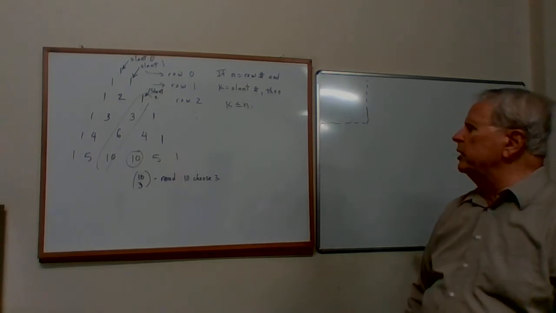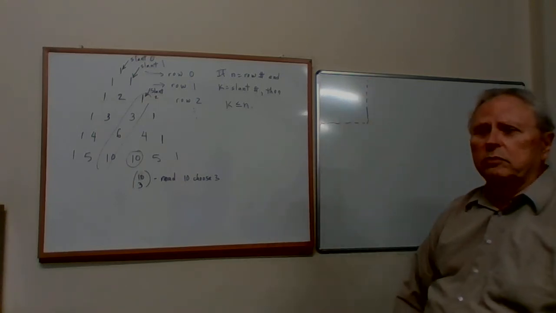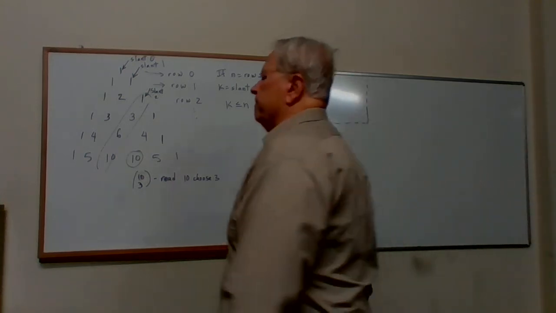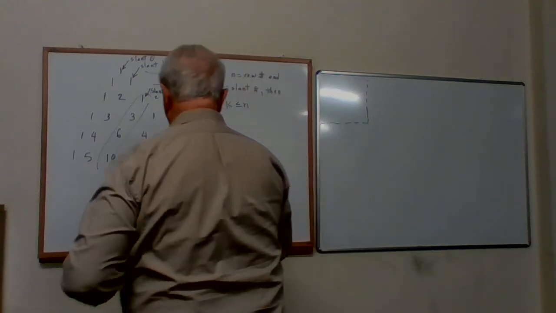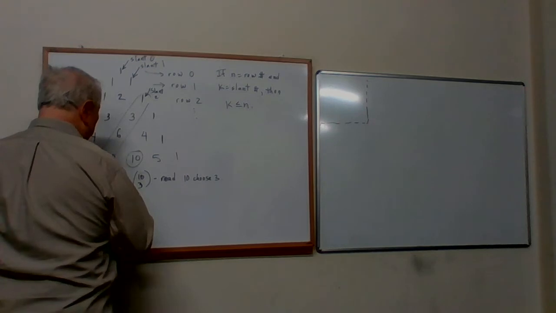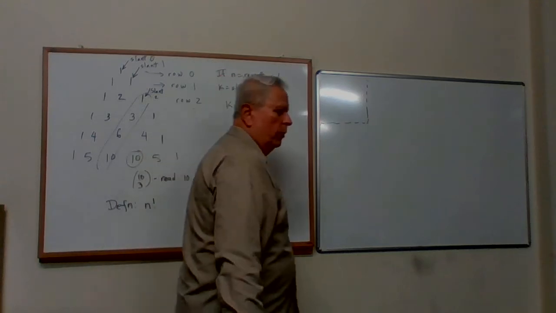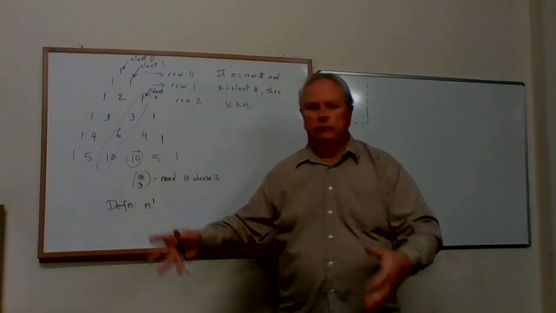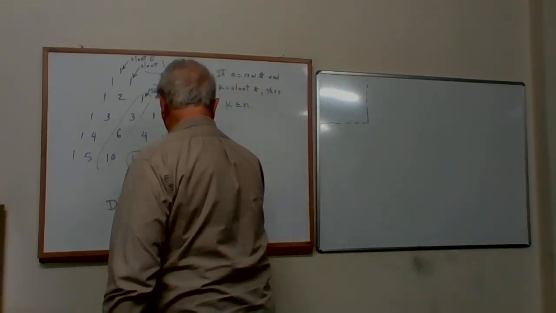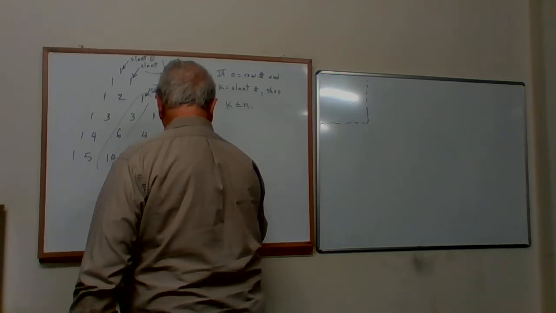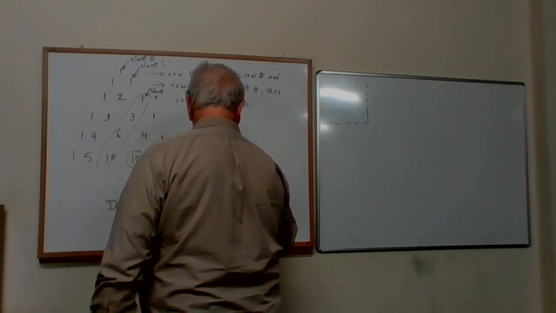So let's get familiar with being able to construct Pascal's triangle for any number of rows. With that under our belts, I want to make another definition that is probably familiar to you. Definition, n with an exclamation point after it does not mean n. It means n factorial. And n factorial is equal to n times n minus 1 times n minus 2 all the way down to 1.